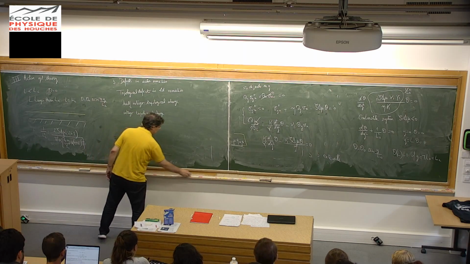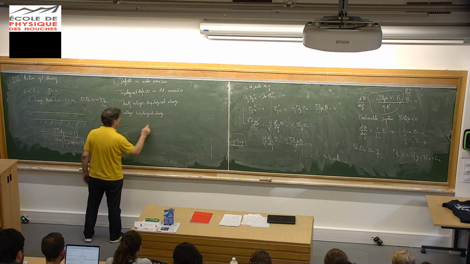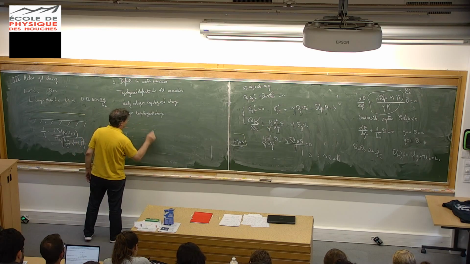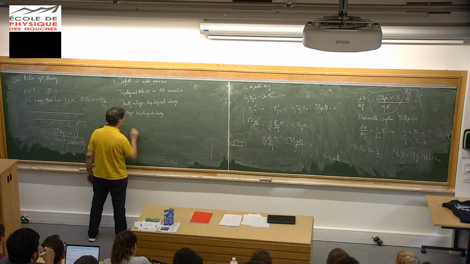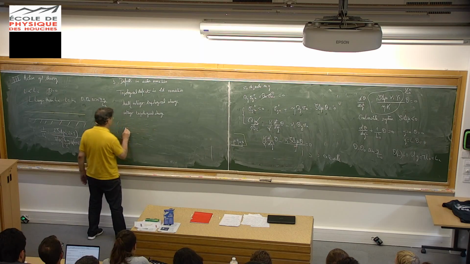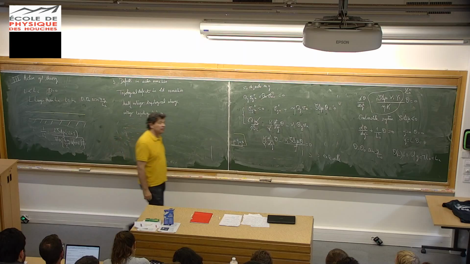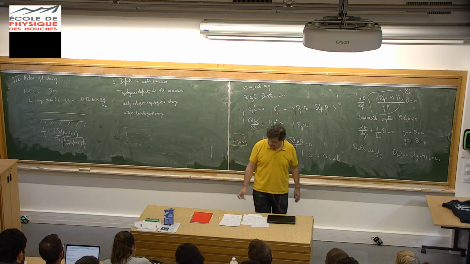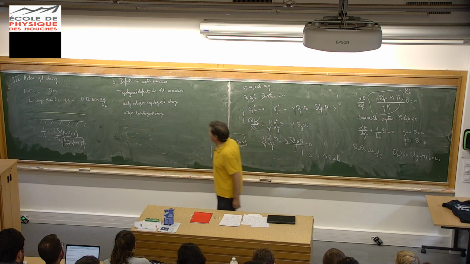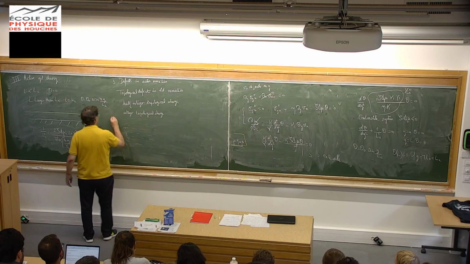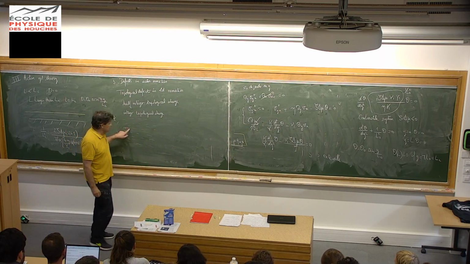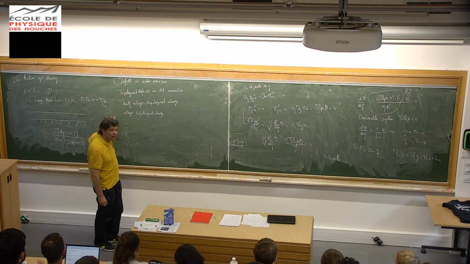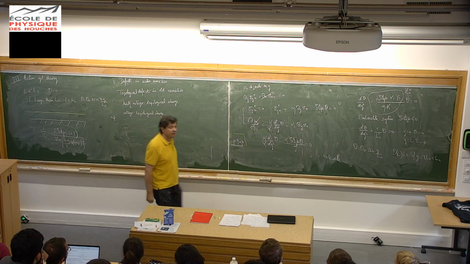So the defect is here, and the orientation is something like this. And there is a singular point here where the orientation is not well defined. This one is a +1/2 defect. What it means is that if you start from this point, you make one turn, so you turn 2 pi in space.